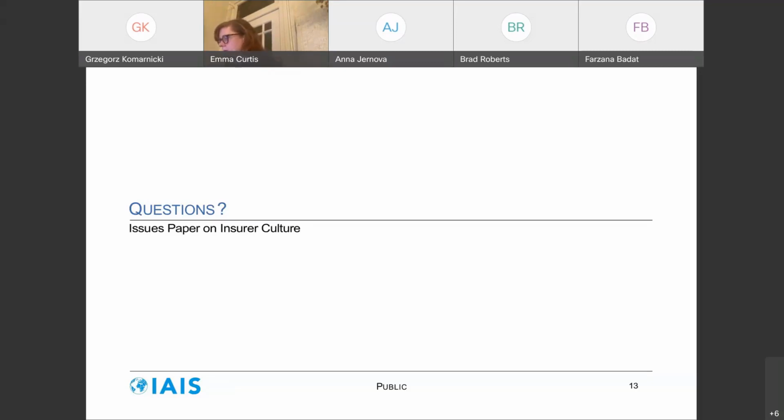And to answer your question on particular areas to focus on, we are particularly interested in areas that you think we should be elaborating on in the future. Based on that, we can have a discussion about more targeted roundtables on specific issues that we may want to elaborate or explore further from a practical perspective in terms of future work. But I'll pause there and check if Grzegorz has anything additional to add.